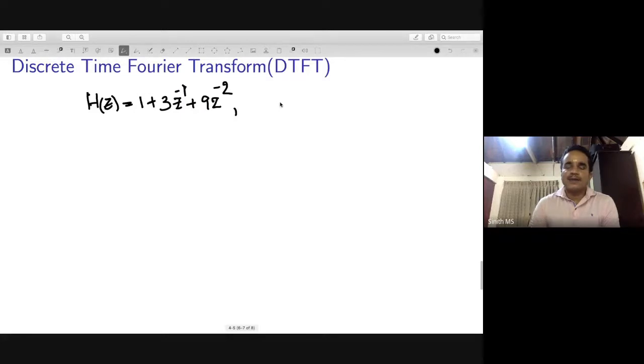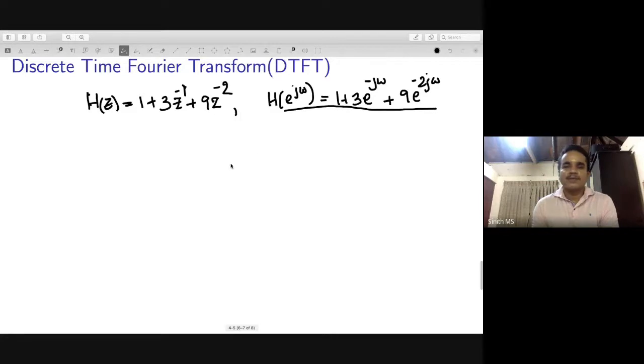When r equal to 1, z transform becomes discrete time Fourier transform. So you have H(e raised to j omega) equal to 1 plus 3 e raised to minus j omega plus 9 e raised to minus 2 j omega. So this is the discrete time Fourier transform or the frequency response of H(z).